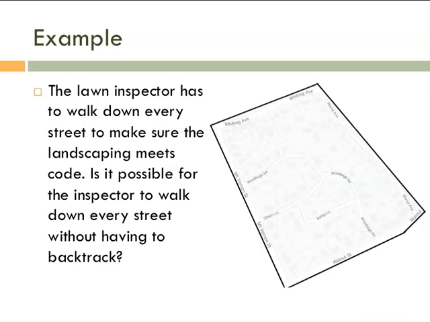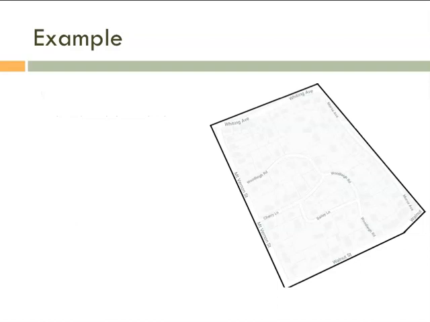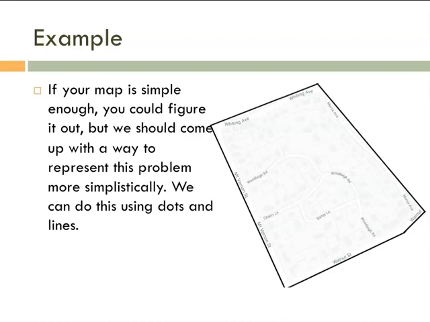And so what you can do is you can use dots and lines to represent, well, he has to hit certain homes, and the lines can represent the path that he's going to take, and the path that he's going to take can take him to certain houses along the way that he can see as he goes along that path.